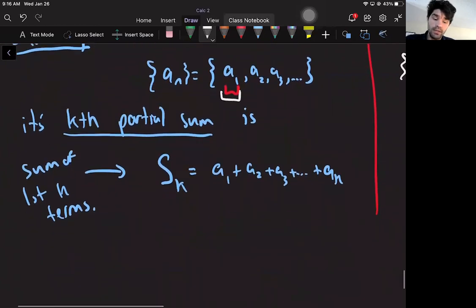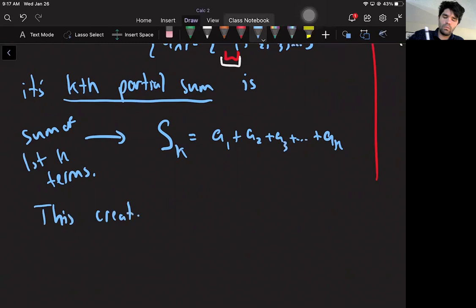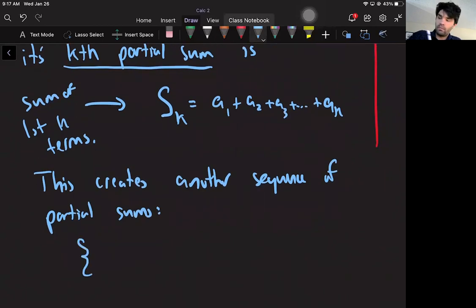Okay, so in any case, this is the kth partial sum. So this creates another sequence of the partial sums. So SK, we think of it as a sequence.